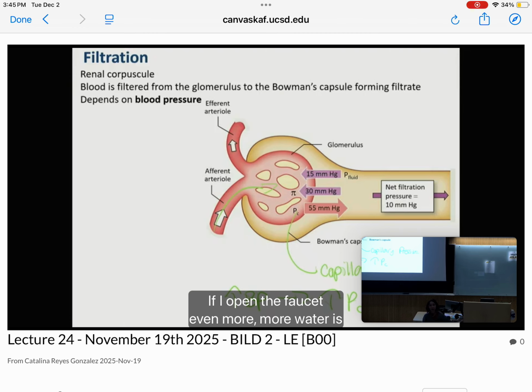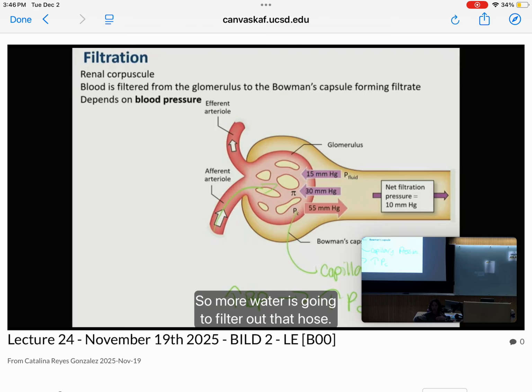If I open the faucet even more, more water is going to move into that hose, generating a larger hydrostatic pressure. It's going to push against the walls of that hose much more forcefully. Remember, pressure is force over area. You have the same area, but now you have more fluid exerting a force, so that increases the pressure.